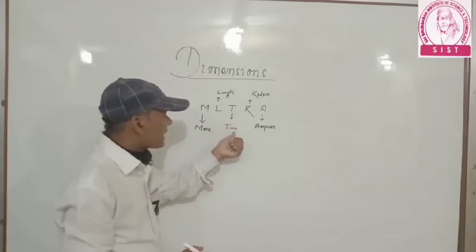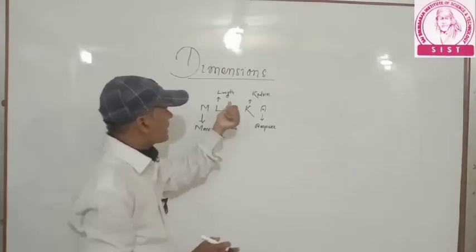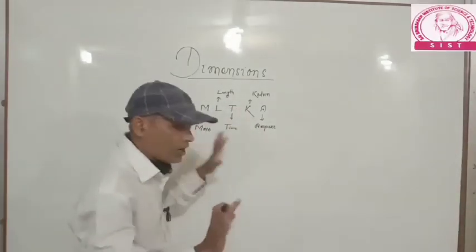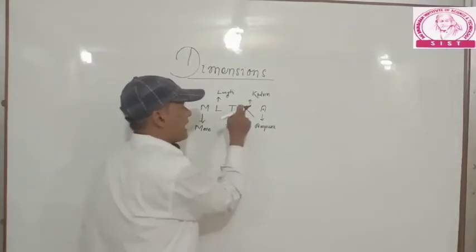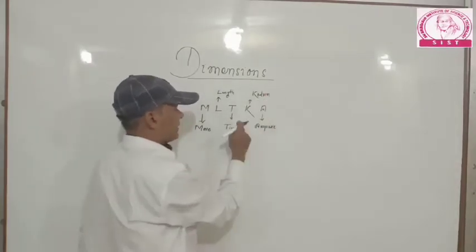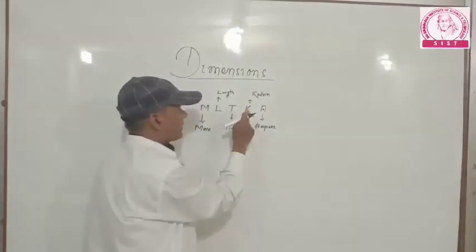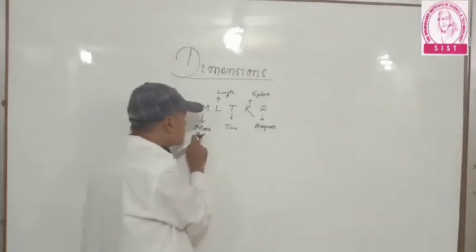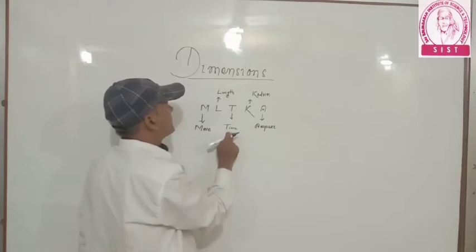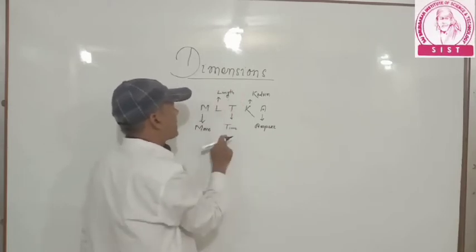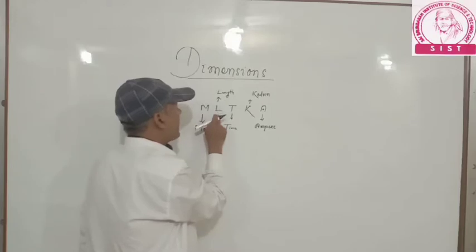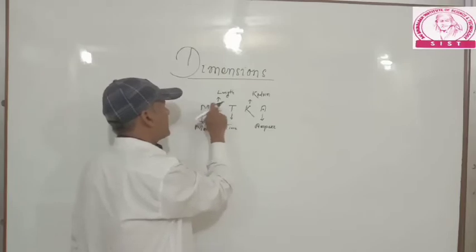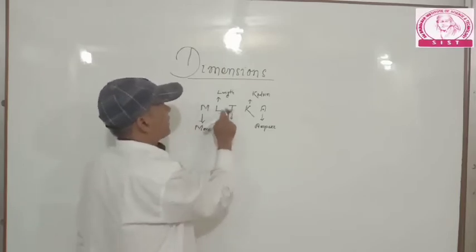T, time, the first letter is T. So T is also used to represent the dimensional formula of any physical quantity. You just see these three letters came from the first letter of these physical quantities: mass, length, time. M, L, T.